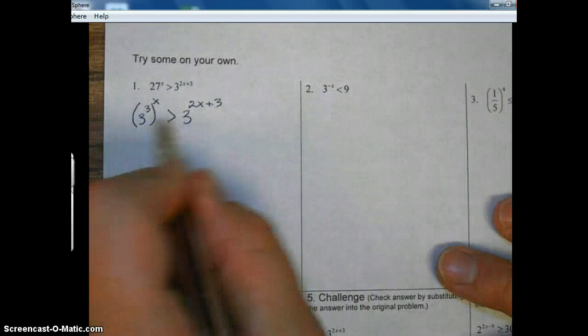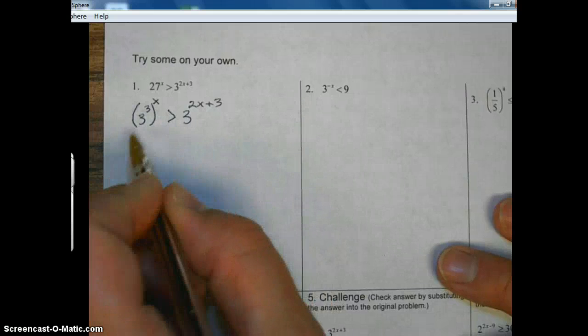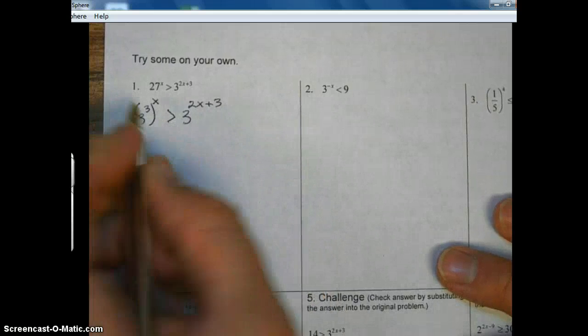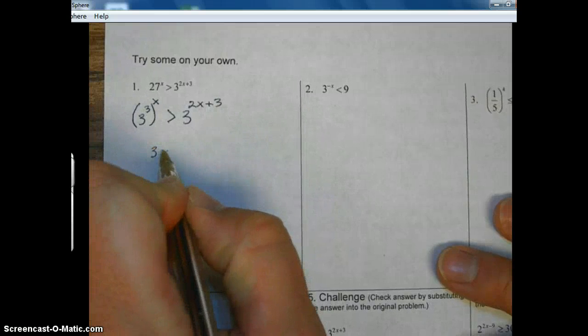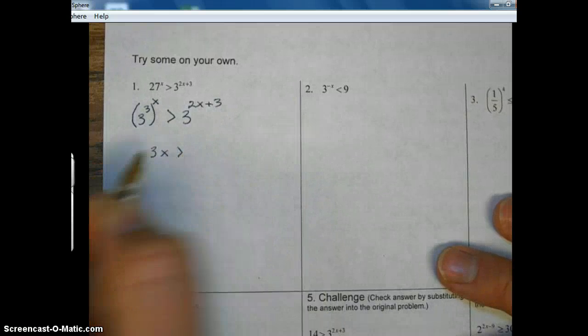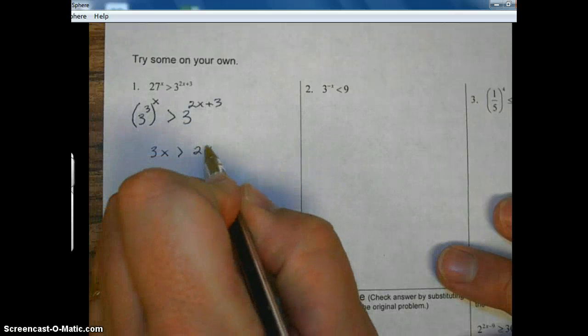Okay, so now that our bases are the same, we can cancel those out. We get 3x, 3 times x is 3x, greater than 2x plus 3.